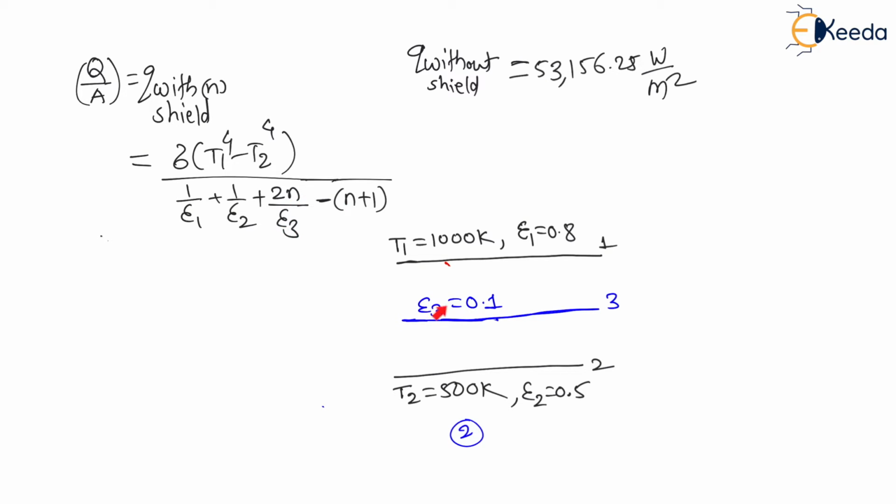Emissivity 3 is the emissivity of the shield, emissivity 1 is the emissivity of the first plate and emissivity 2 is the emissivity of the second plate.